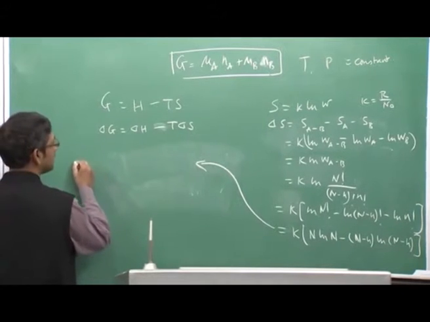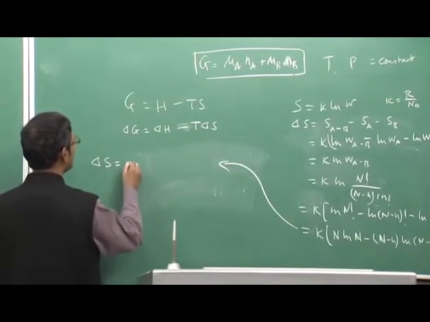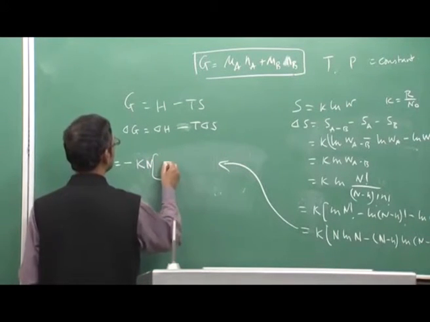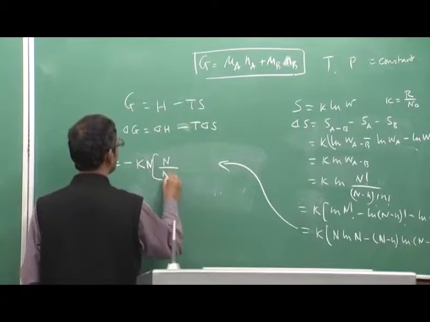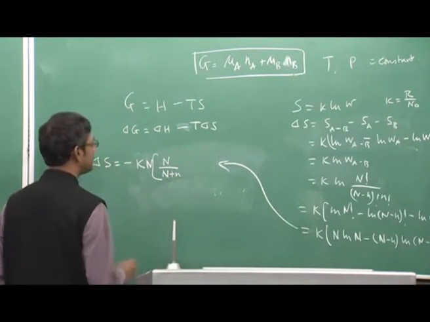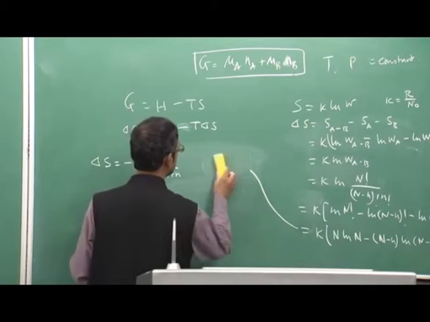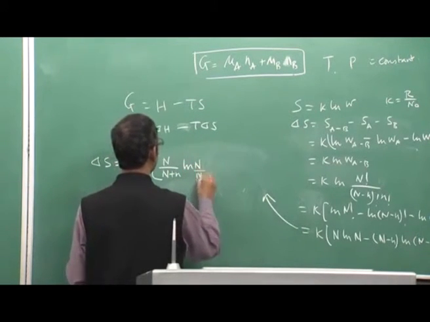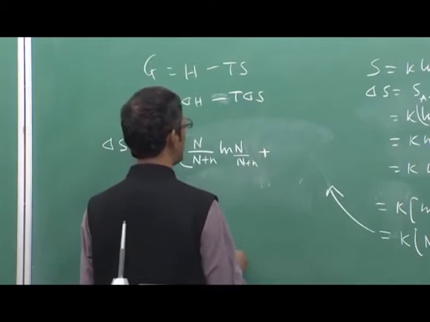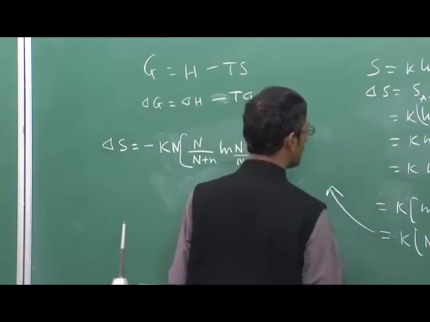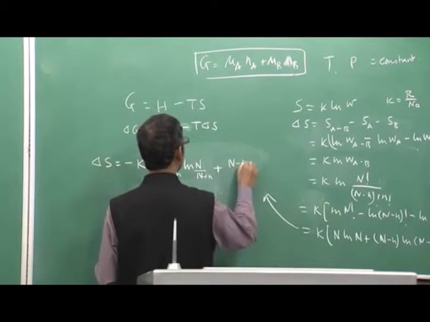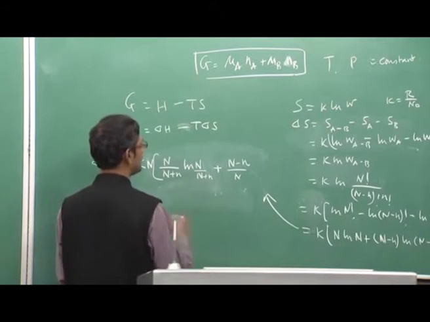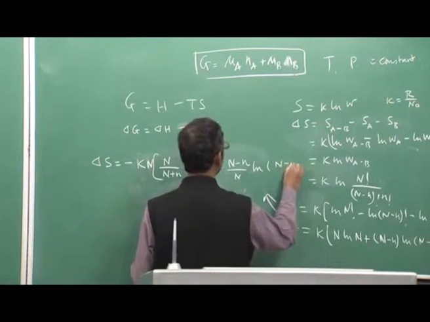I will get delta S is equal to minus k n, small n by n log of small n divided by n, plus, sorry, plus (n minus small n) divided by n log of (n minus small n) divided by n.